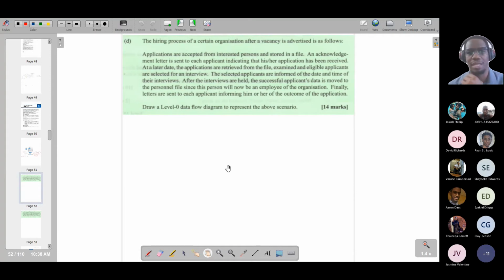Okay, so we're going to do the context now. What are our external entities? And what is the system? I think we should start there.